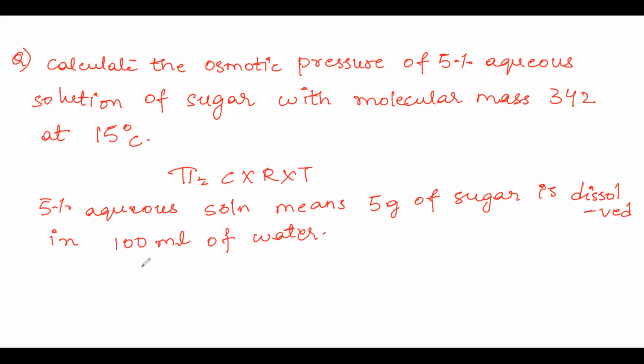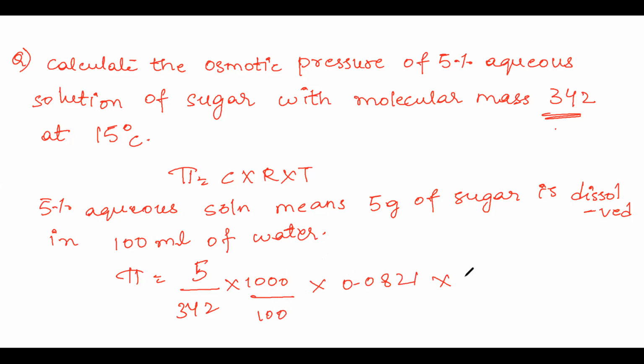Now substituting in this problem, pi is equal to C, which we have to find out. So the weight of solute is given as 5 grams, divided by the molecular weight of solute, 342, into 1000, by the volume, which is 100 ml, into the R value 0.0821, into the temperature. 15 degrees C is 273 plus 15, that is 288 kelvins.